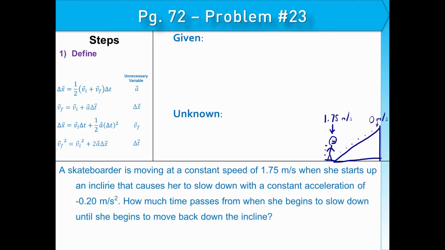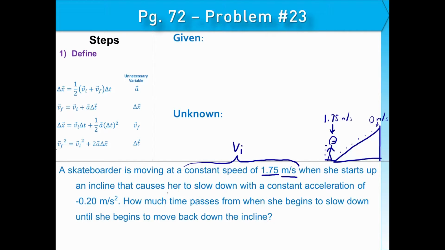So let's go ahead and analyze the wording of this just to clarify our givens and unknowns. The skateboarder is moving at a constant speed of 1.75 meters per second. This unit, meters per second, is velocity, and that gives me the magnitude. So this is my initial velocity at the bottom of the incline.